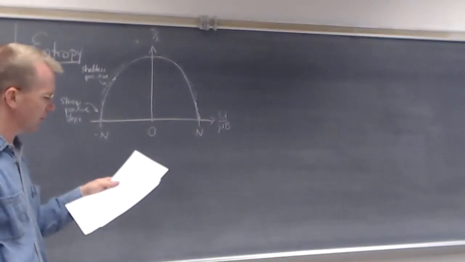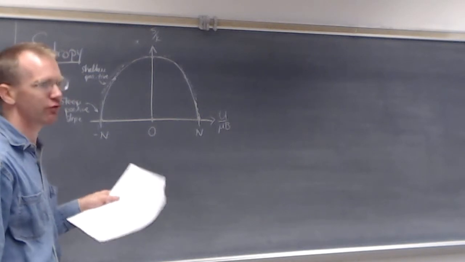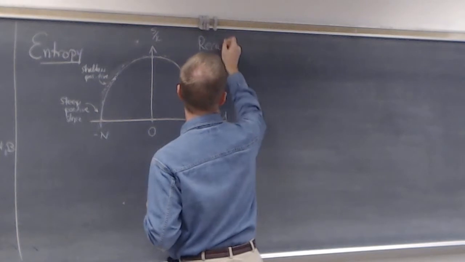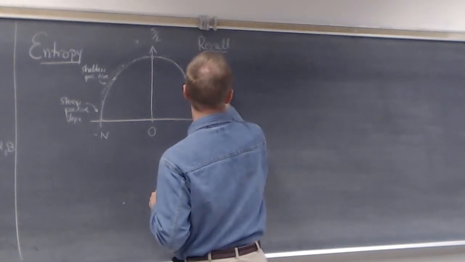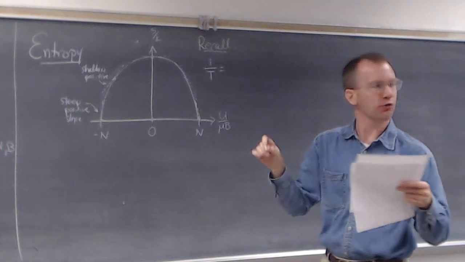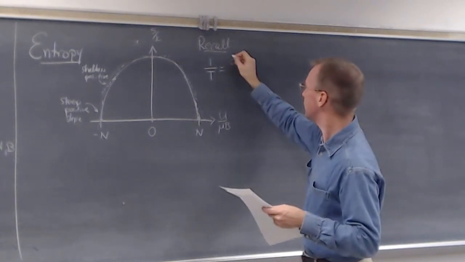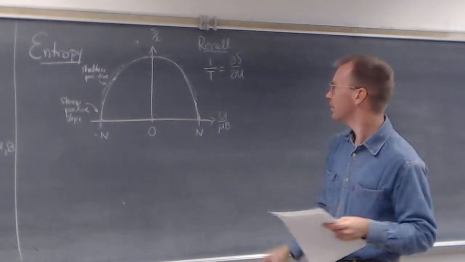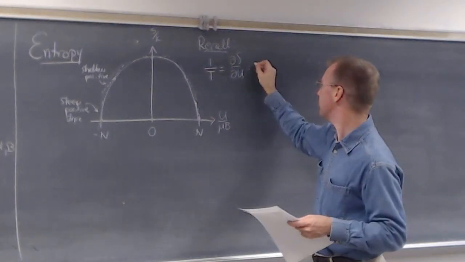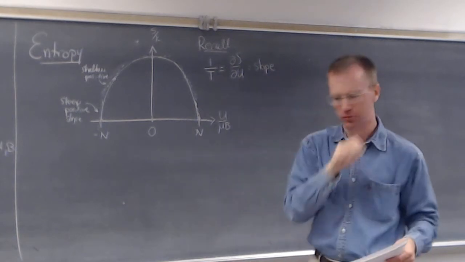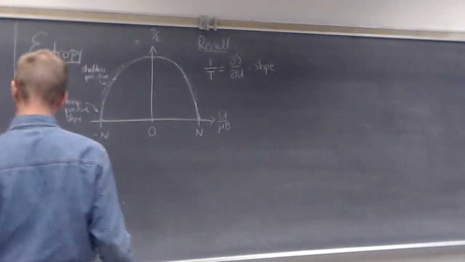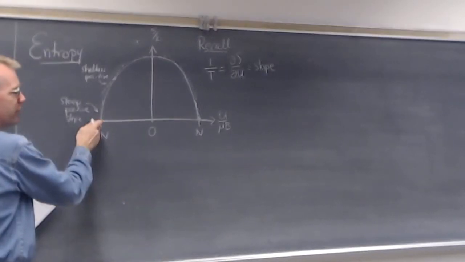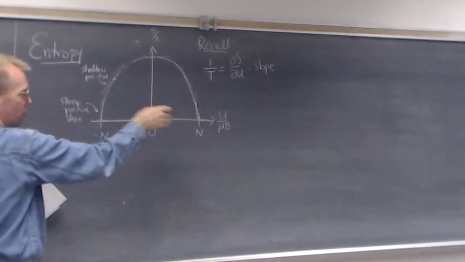Great. So what? Well, remember, one over temperature equals dS by dU, which is the slope here. This means that at the lowest energy state, 1 over the slope is our temperature.